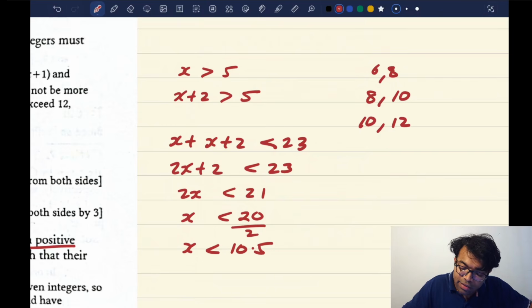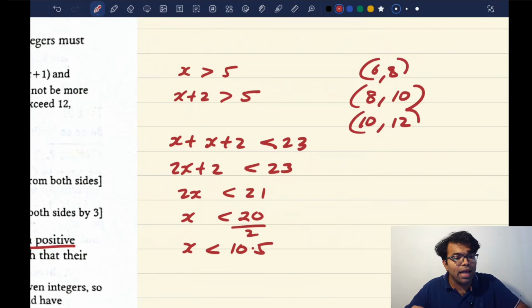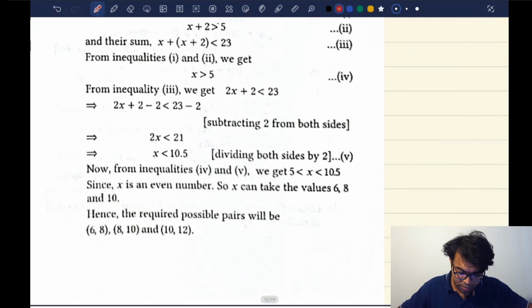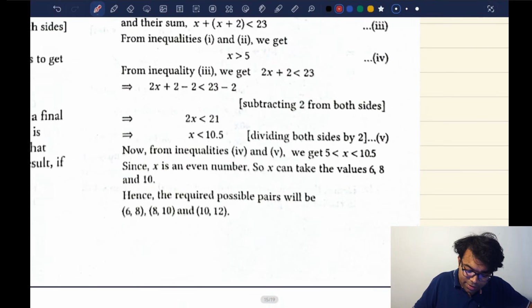So Drupad, these are the pairs that you can have: 6, 8, 8, 10 and 10, 12. Clear? Because 10 plus 12 is 22, it is still less than 23.